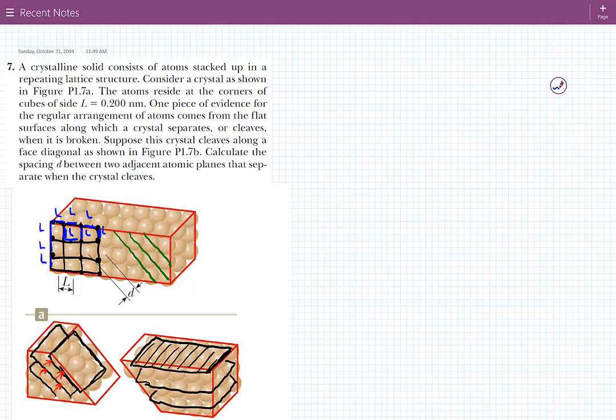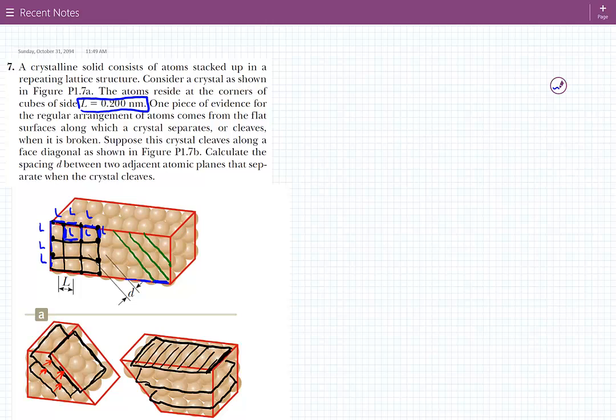And we know from earlier, the atoms reside at the corners of cubes of side L equals 0.200 nanometers. So L equals 0.200 nanometers. So we know the distance between the planes on the bottom is L, or 0.200 nanometers.